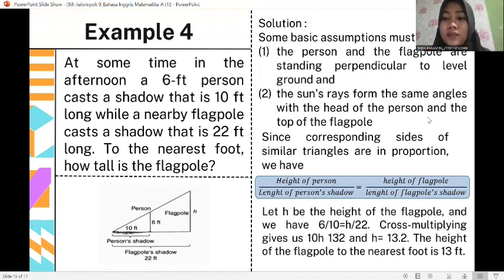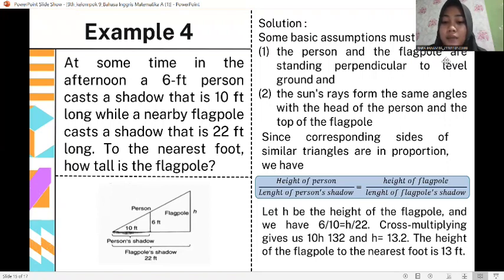The person and the flagpole are standing perpendicular to level ground, and 2. The sun's rays hit at the same angle with the head of the person and the top of the flagpole. Since corresponding sides of similar triangles are in proportion, we have height of person divided by length of person's shadow equals height of flagpole divided by length of flagpole's shadow.